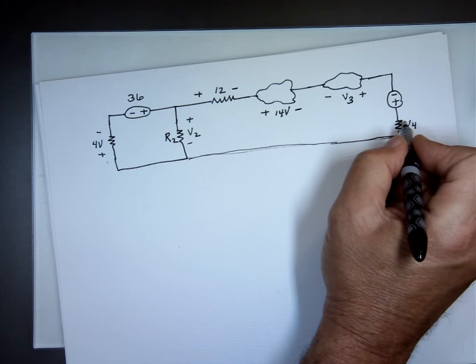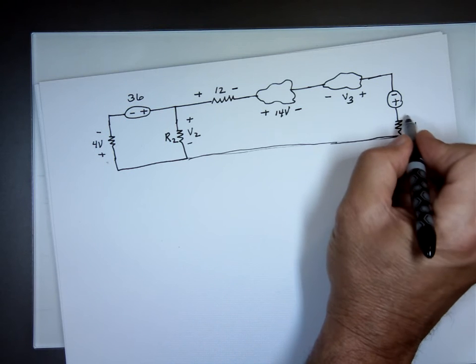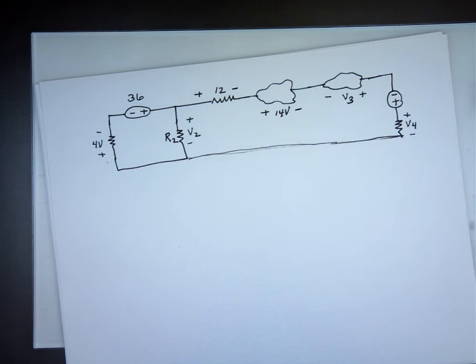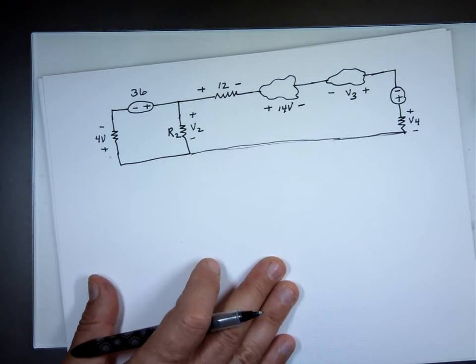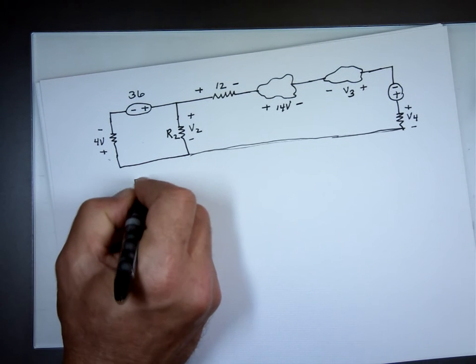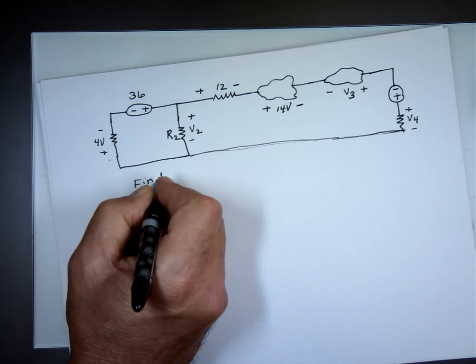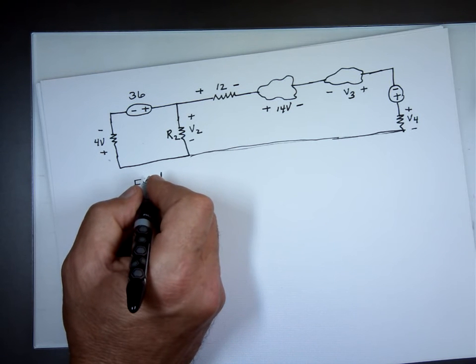And they'll label plus minus. And the question is find what? V2.